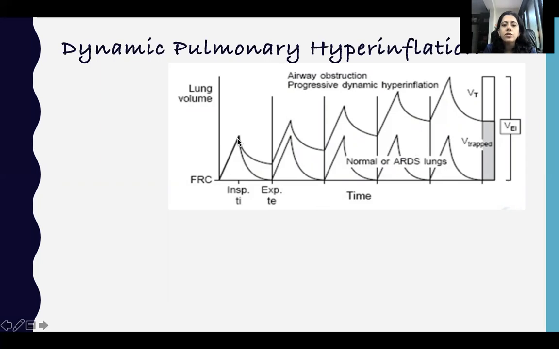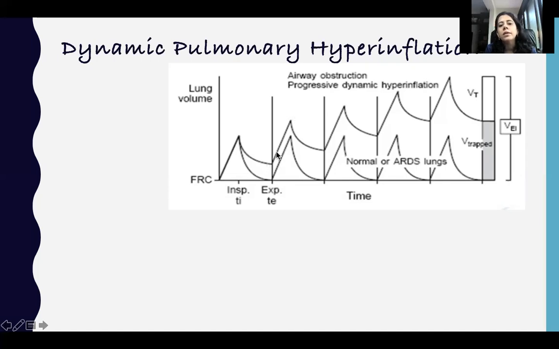So what happens is, as you can see in the lower graph, there is inhalation and complete exhalation with every breath. But in a COPD, obstructive or asthmatic lung, there is incomplete expiration and therefore there is air trapping. So there is inhalation and incomplete expiration, and the end expiratory lung volume is more than what a normal lung would have.